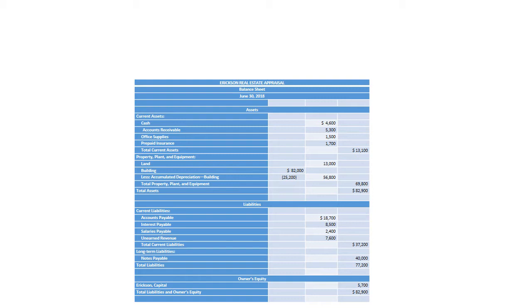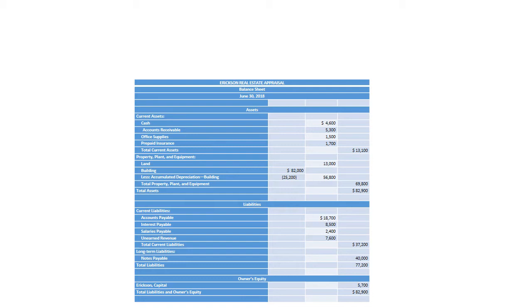So we will add each accounts payable, salaries payable, and unearned revenue, the four current liabilities, add them up, put the total, and label them. Then we will put the heading long-term liabilities, only list the notes payable of $40,000. So we've separated our liabilities between current and long-term. Add current to long-term to get total liabilities.